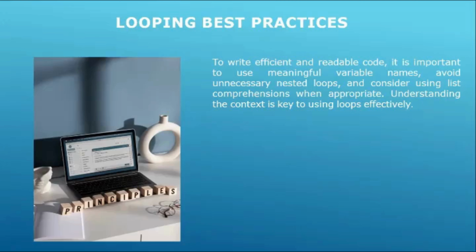If it is necessary, then use the nested loop, for example with a multi-dimensional array, a 2D array, or multiplication of matrices. Otherwise, we can use a simple for loop and make the code efficient and readable. So understanding the context is key to using loops effectively.